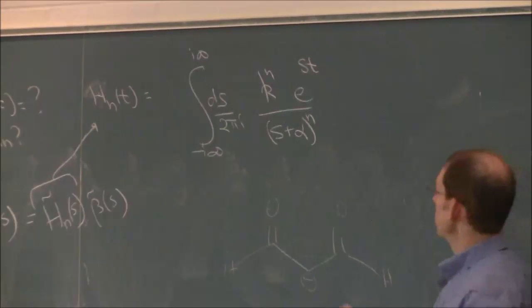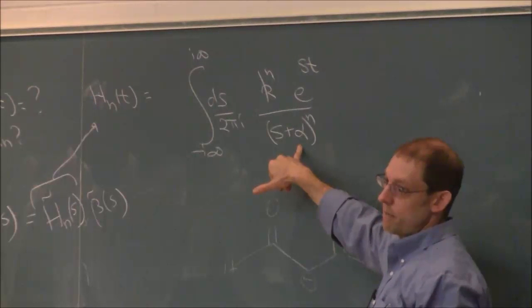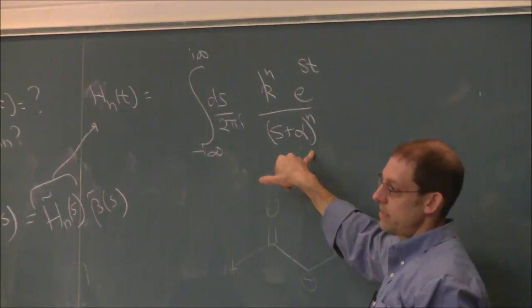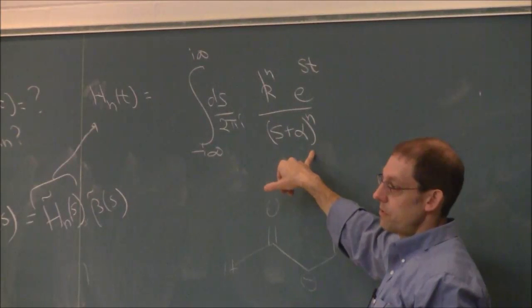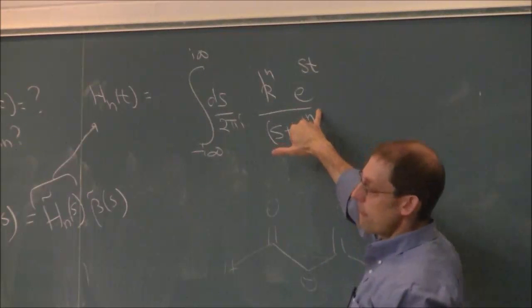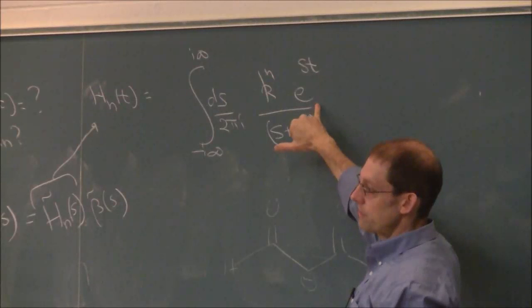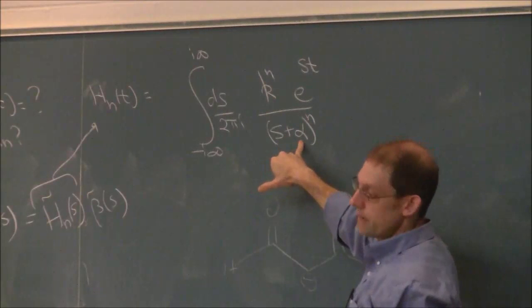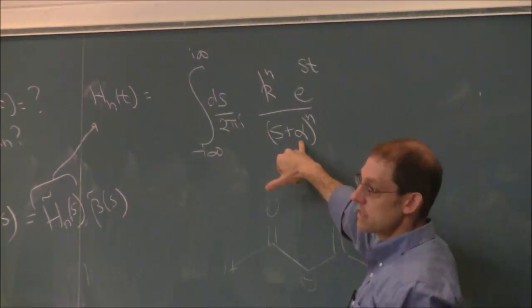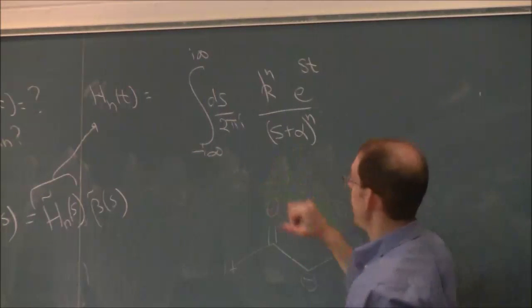And now we don't have a simple pole in the denominator. We have n factors of s plus alpha in the denominator. And if you remember back, the way that we deal with this is we can do a power series expansion of the numerator in powers of s plus alpha, and then just pick out the one term that gives us a 1 over s plus alpha in the end.